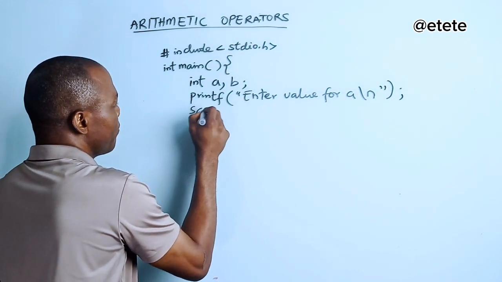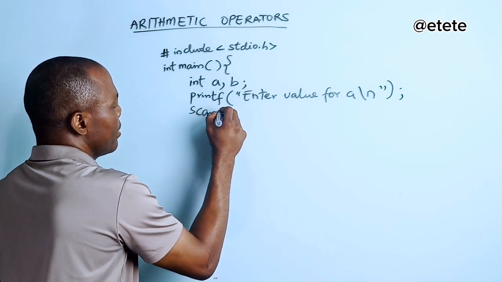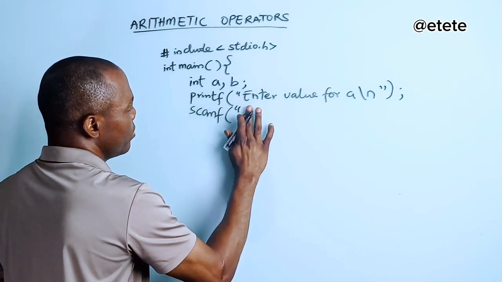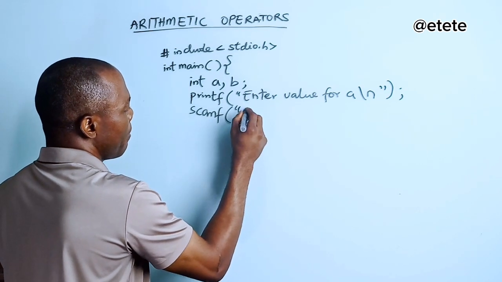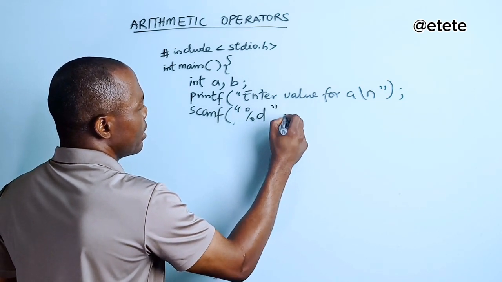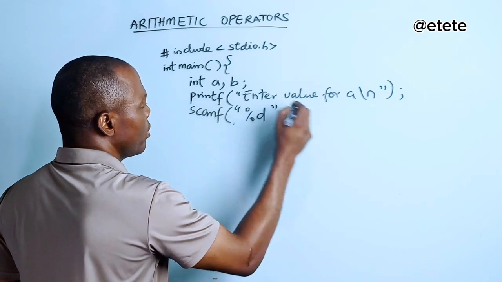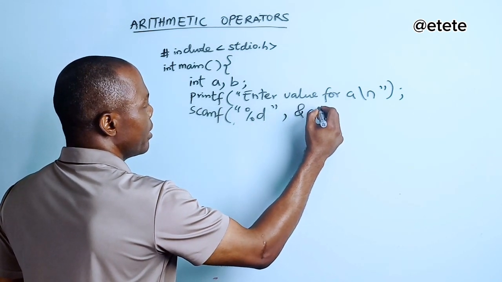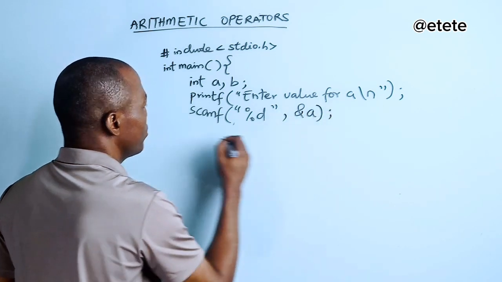Then scanf, we pick it, and then we take it to the integer realm, percentage d. Then that will be what? &a. So it will take it to the address of a, and then you close this.